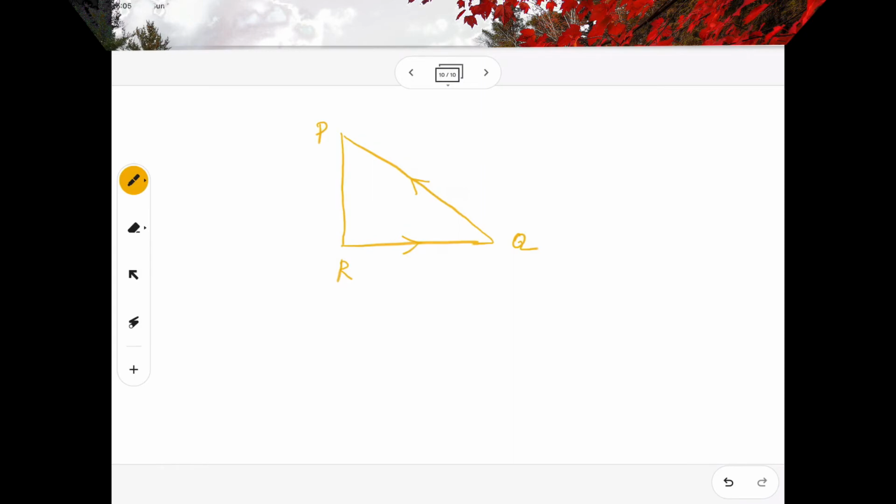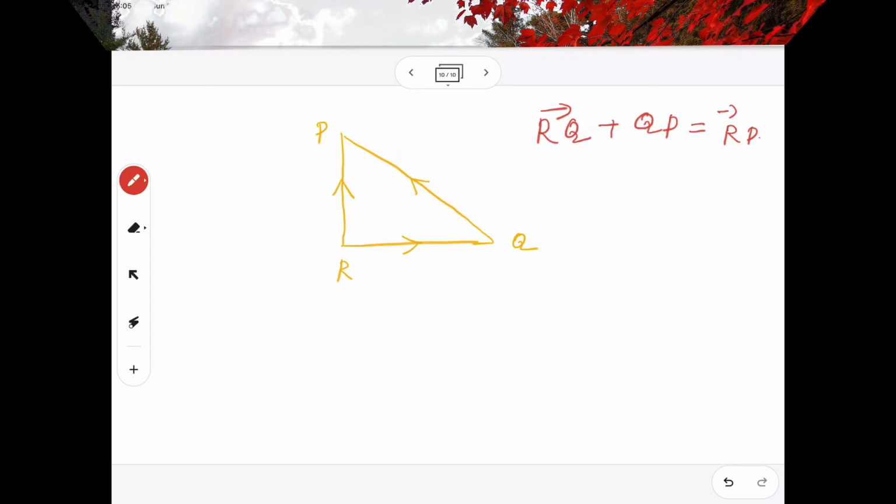Now vector PR is represented like this. Now how can you take the sum of these two vectors? It will be vector RQ plus vector QP equal to vector RP.